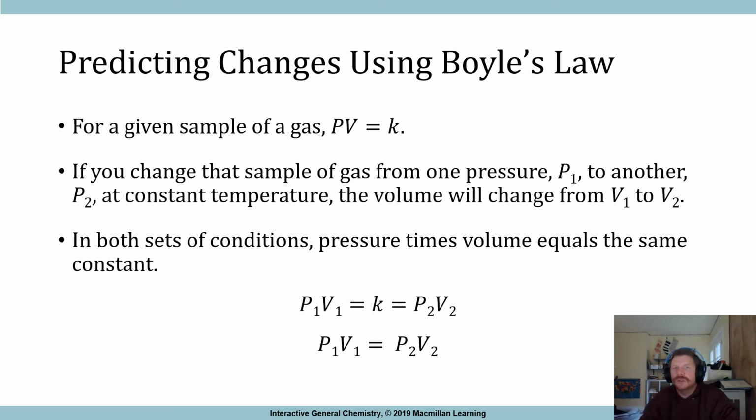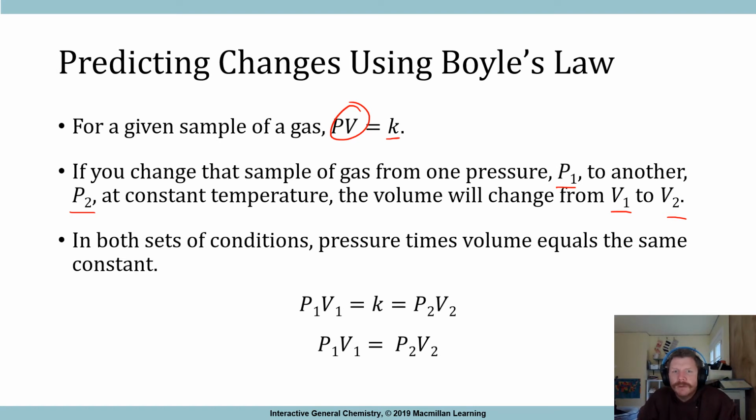Now, can you predict changes using Boyle's law? For a given sample, we need to know that our pressure times our volume is K. If you change that sample of gas from one pressure, P1, to another, P2, at constant temperature, the volume will change from V1 to V2. This is very similar to something we've seen before, C1 V1 equals C2 V2.